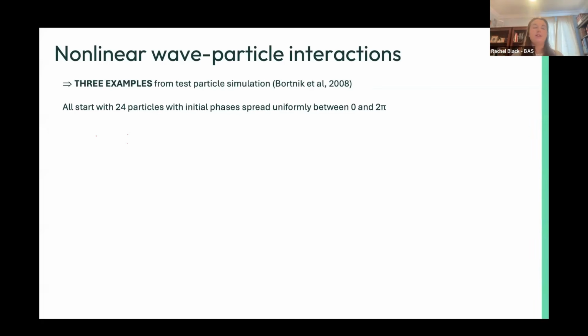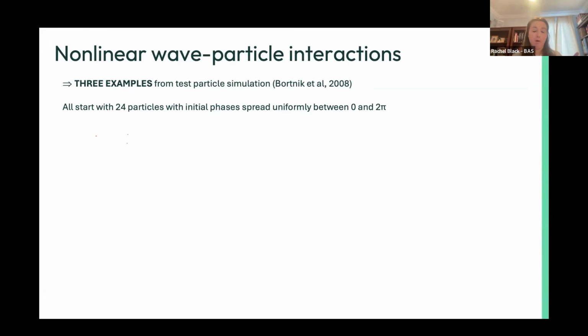So just to do a brief description of what can occur if we instead have waves that do not fulfill these linear diffusion criteria, there are various particle responses as a result of nonlinear wave-particle interactions. And here I'm going to demonstrate this with 3 examples from test particle simulations that were published in 2008 by Jacob Bortnick.